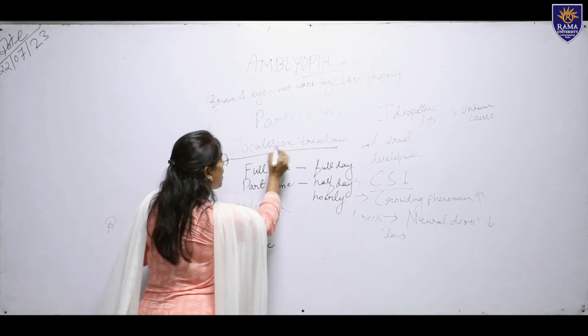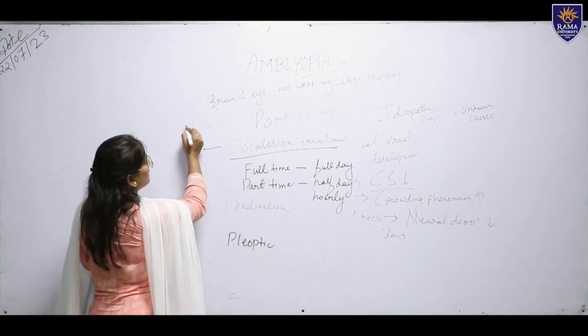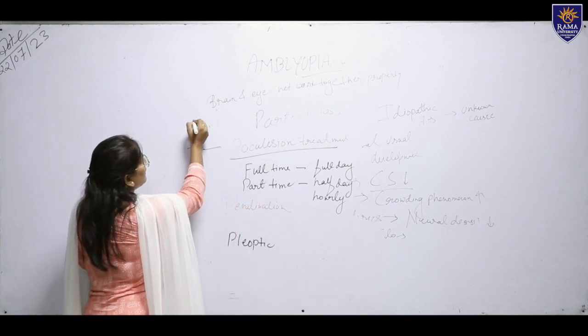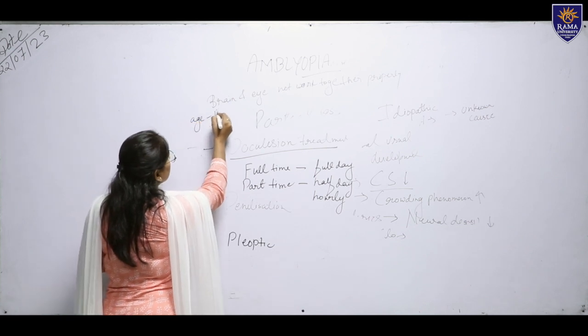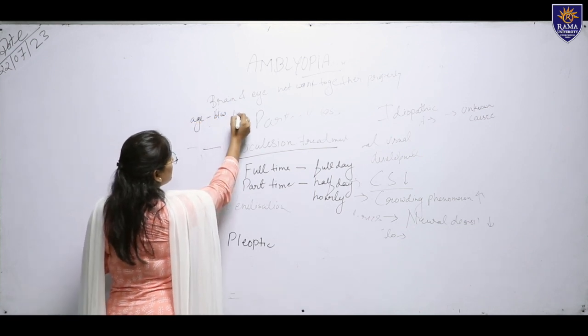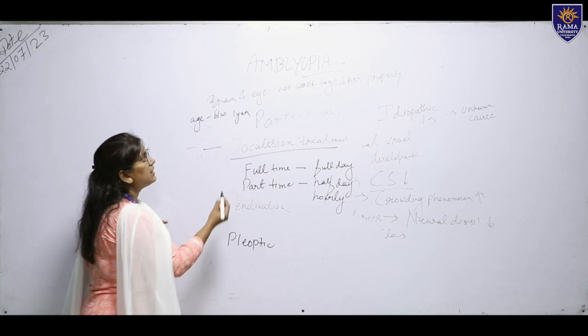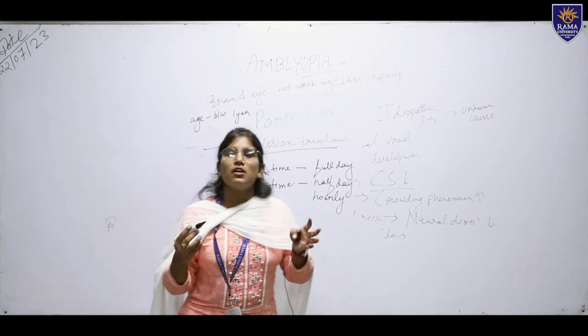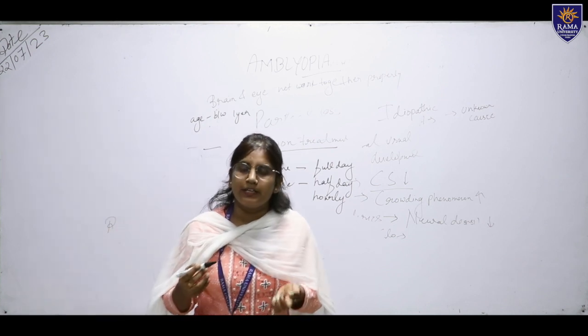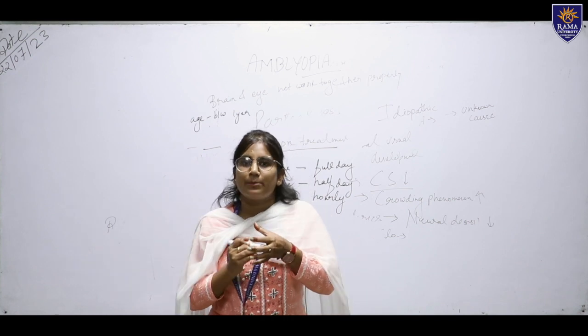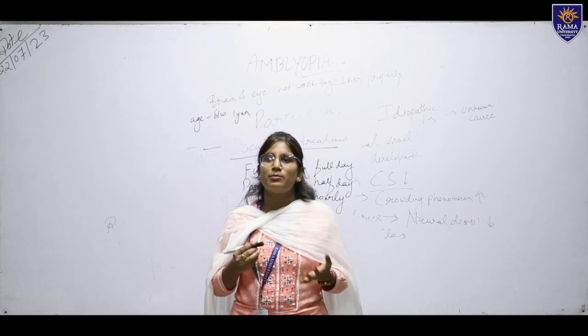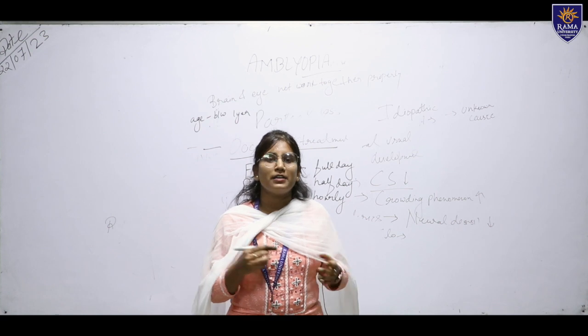Occlusion is decided by ratio, by age. At the age of 1 year, occlusion of the sound eye means the amblyopic eye is forced to be used.